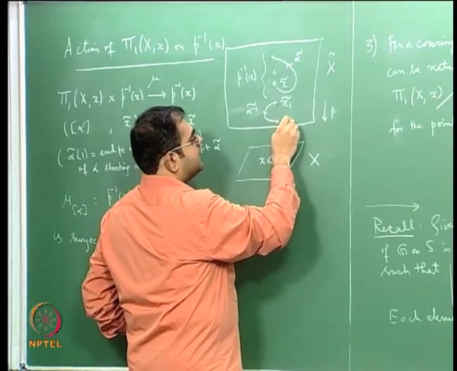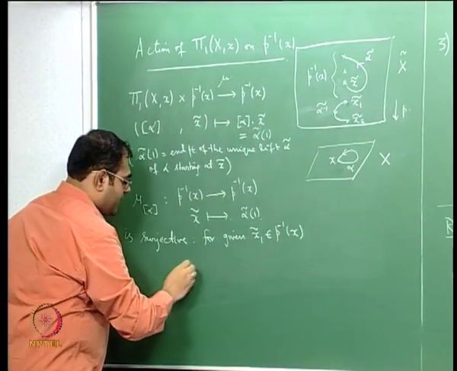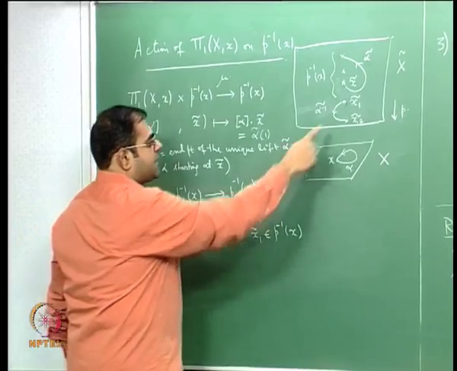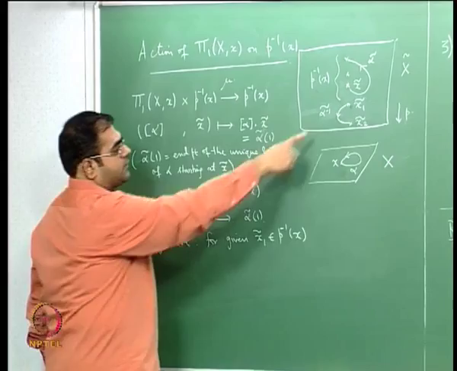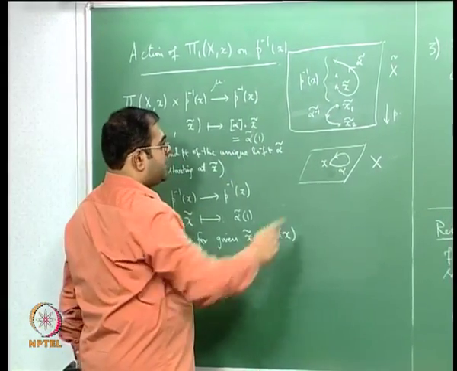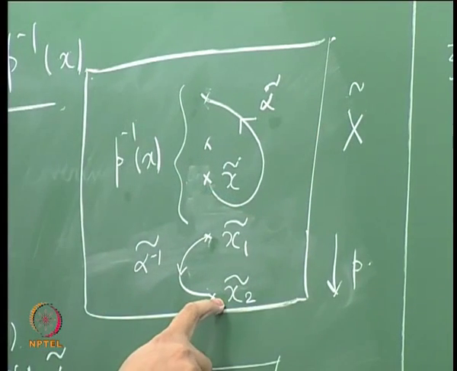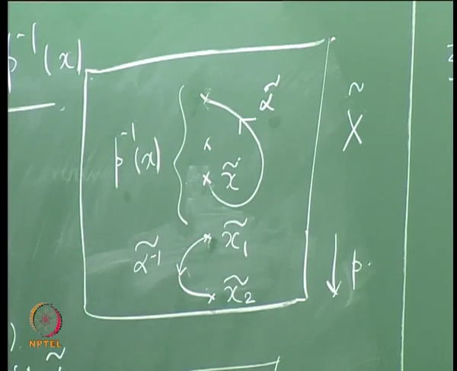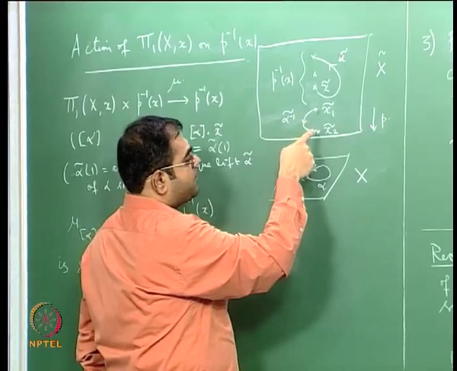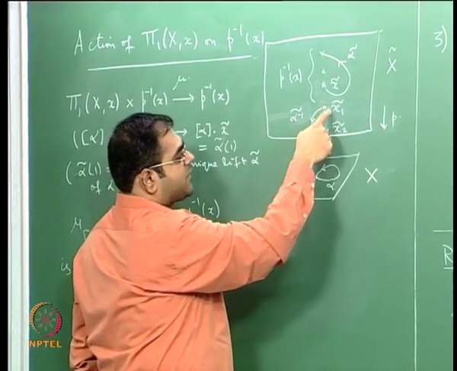Let me call it x2 tilde. Then x2 tilde will go under this map to x1 tilde, because it will go to the endpoint of the unique lift of alpha starting at x2 tilde, which turns out to be the inverse of this path, and therefore has to end at x1 tilde.